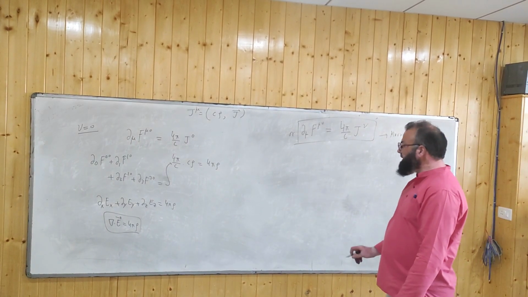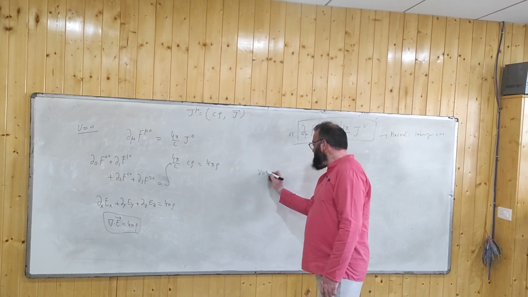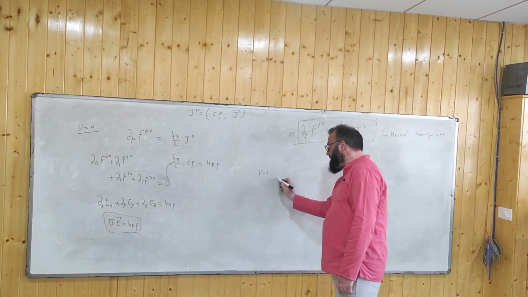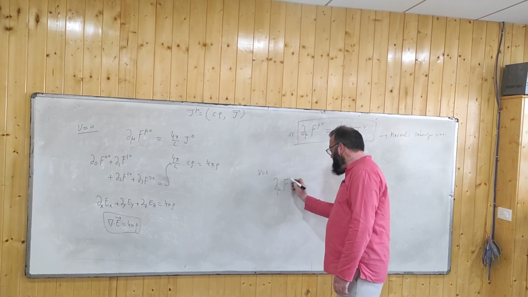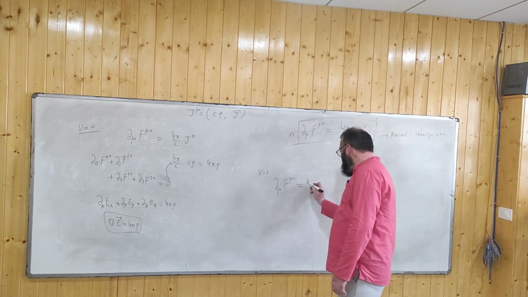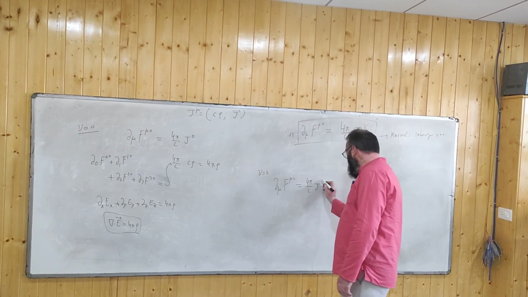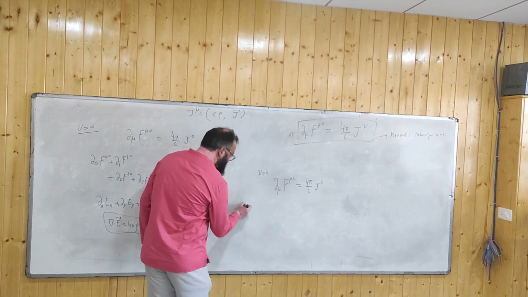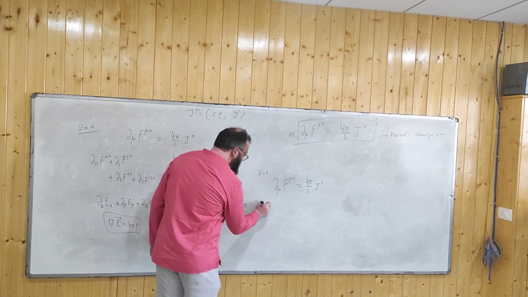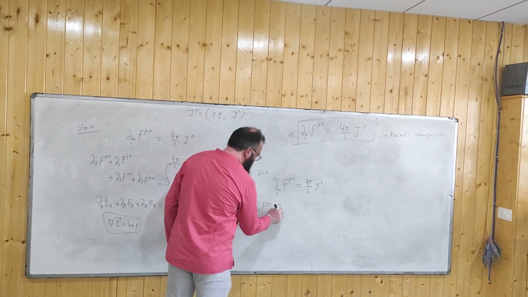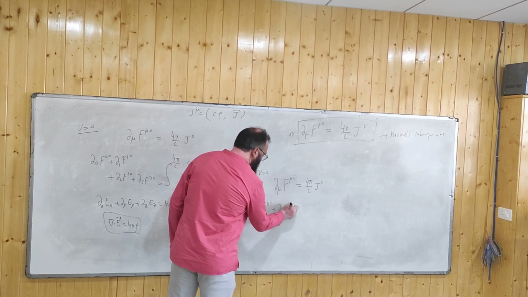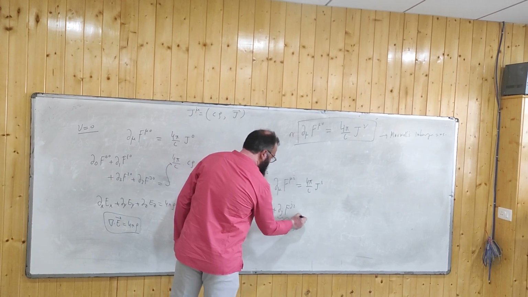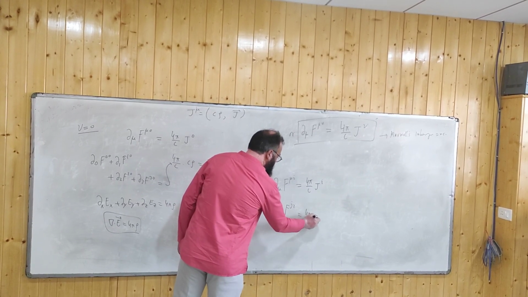Okay? Now let's take ν equal to i, where i is equal to 1, 2, 3. So you are having ∂_μ F^{μi} equal to (4π/c) J^i. So now let's write it. There is a sum: ∂_0 F^{0i} plus ∂_j F^{ji}, with a sum over j, equal to (4π/c) J^i.